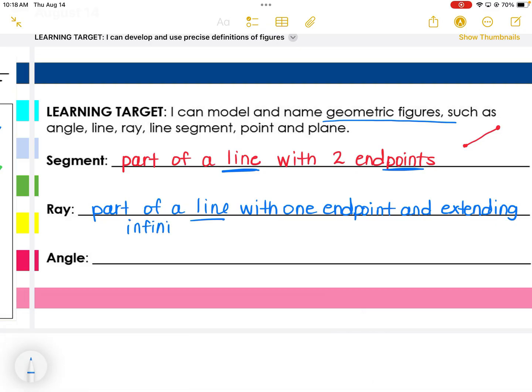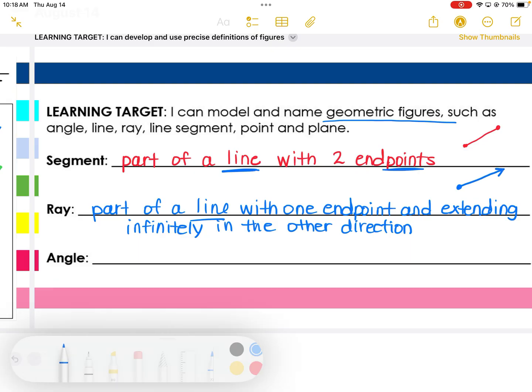I'll go ahead and write it, or you can use a symbol. So it's part of a line, has an endpoint, and then it keeps going in the other direction, so we'll need to put the arrow there.